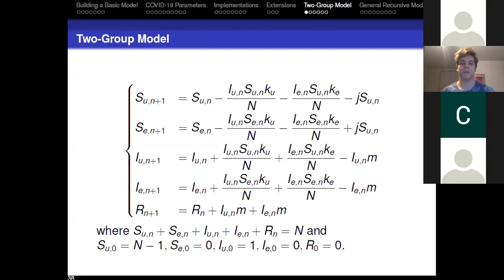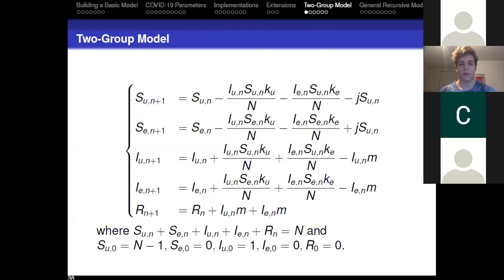Basically what this means is individuals who aren't going to be following social distancing practices and mask wearing. And then we also have the S sub E group, which we call educated. And these people are going to be following social distancing and mask wearing. And the reason why we decided to split it into these two groups is basically because we believe that those who are educated will have a significantly smaller infection rate than those who are uneducated.